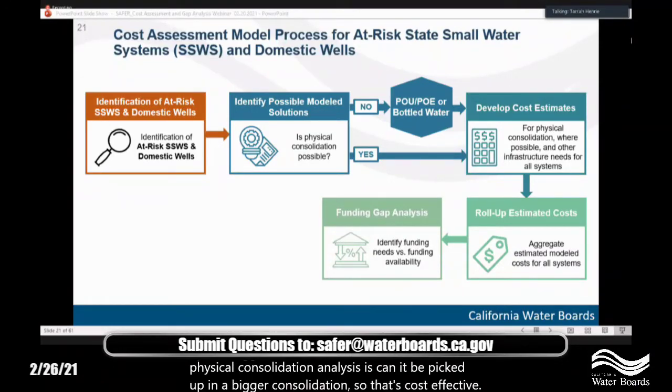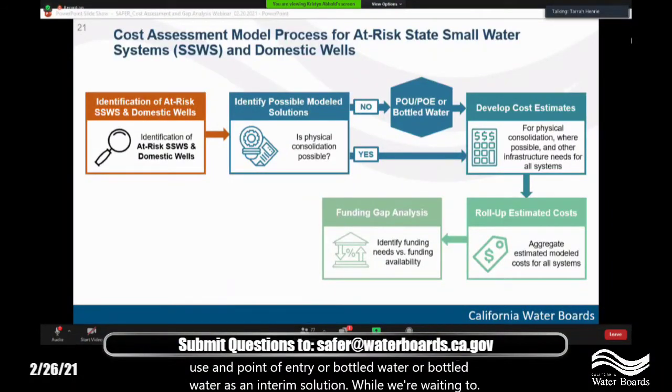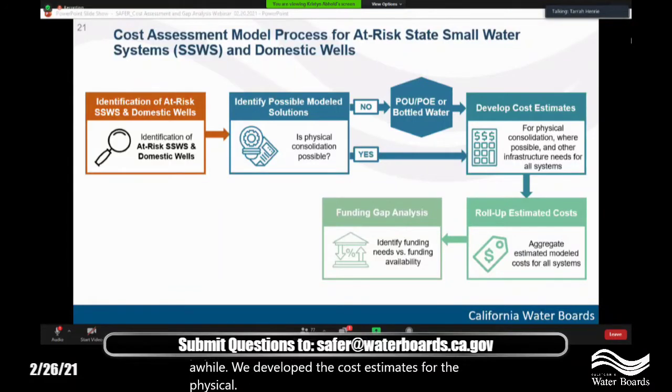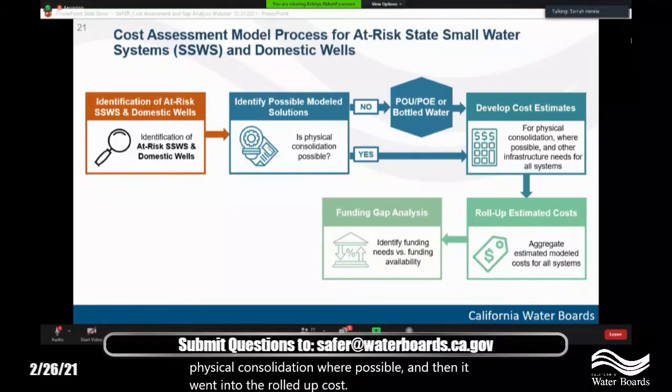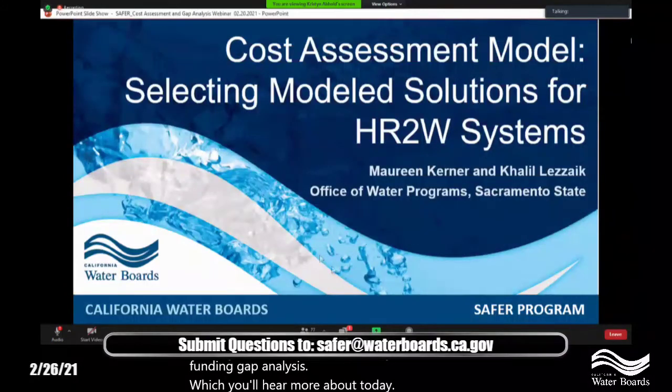And then the UCLA team also looked at point of use and point of entry or bottled water as an interim solution while we're waiting to enact all of these other longer term solutions that can take quite a while. We developed the cost estimates for the physical consolidation where possible. And then it went into the rolled up cost estimate and the funding gap analysis, which you'll hear more about today. Next slide.